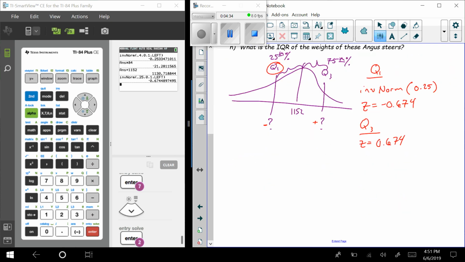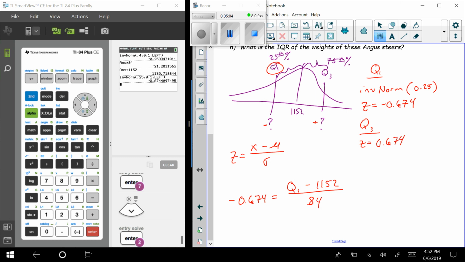Now all I have to do is unravel those. Well, I have to use my z-score formula. So I'm doing z is equal to x minus mu all over the standard deviation. Now Q1 was negative 0.674 for the z, which equals, let's put a Q1 here instead of an x, minus 1152 for the mean, divided by 84 for the standard deviation.